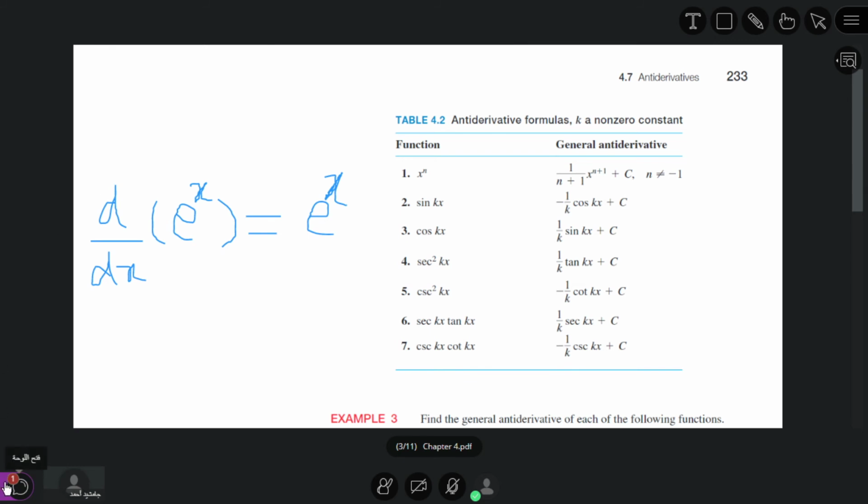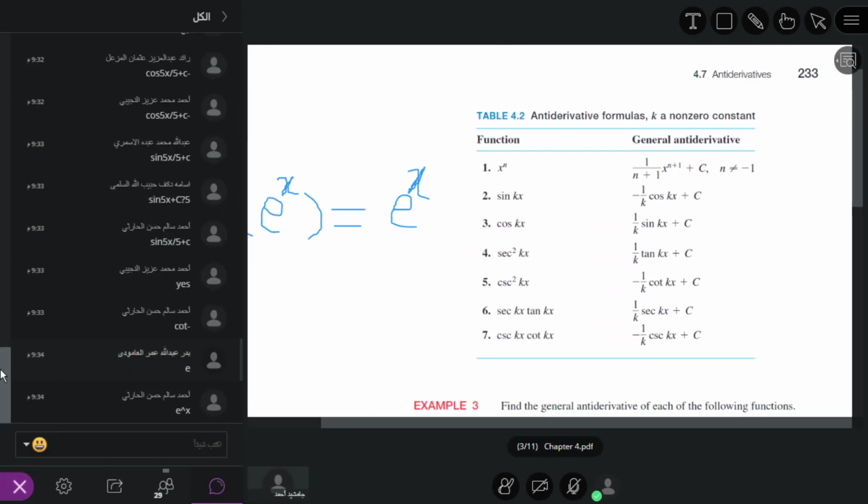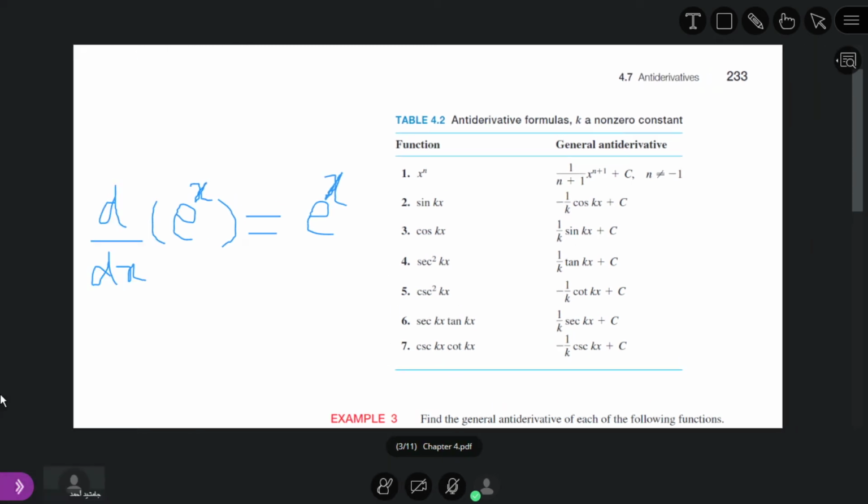Yes, e power x plus some constant, the same.